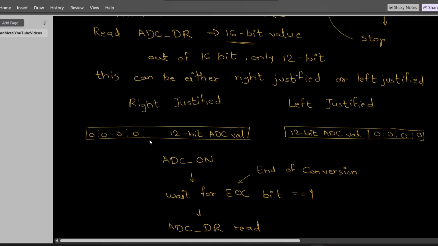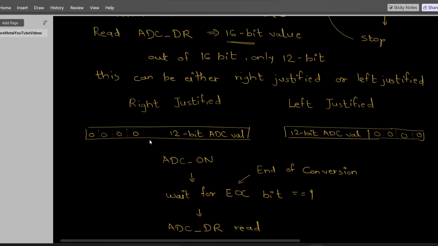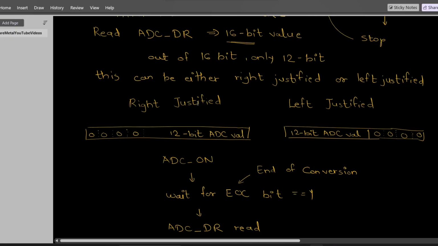This is right justified, where the most significant nibble must be 0, it is configured to be 0. So the ADC converted value will be written from bit 0 to bit 11, and in left justified, the ADC converted value will be stored from bit 15 to bit 4.